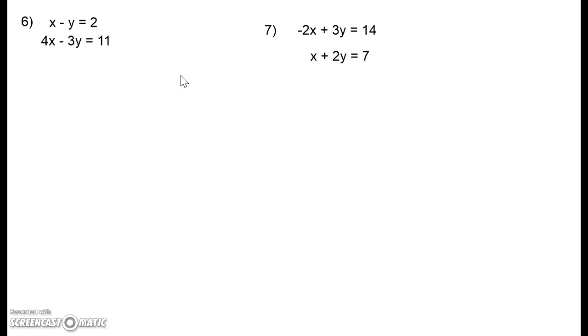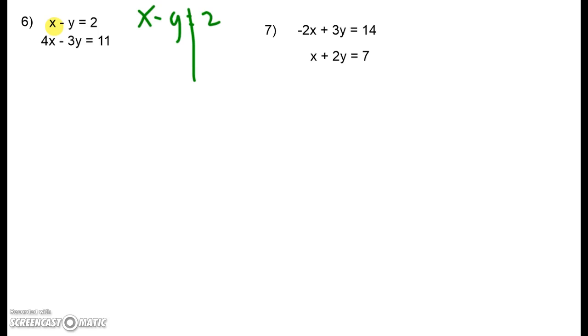So let's look. As I look at 4x minus 3y equals 11, nothing there is even nice to solve for. But if I look at this one, do you see that x has no coefficient? So if I move the y to the other side, now I have a nice x equals something. So what would that look like? Well, if I have x minus y equals 2, what can you do to move this y to the other side?